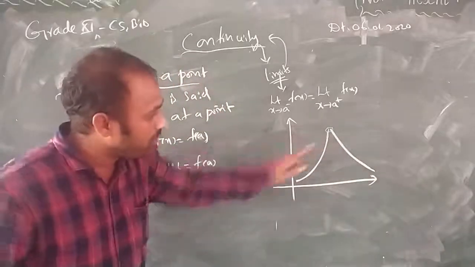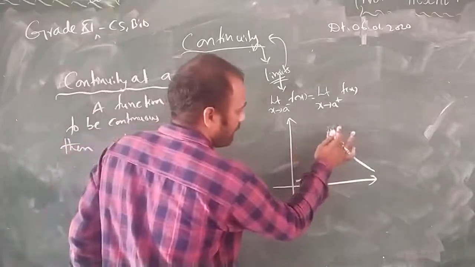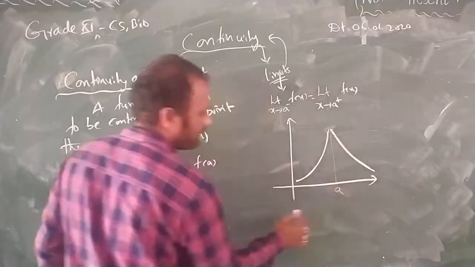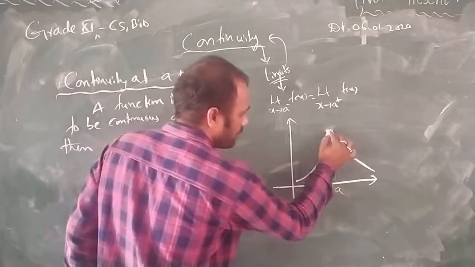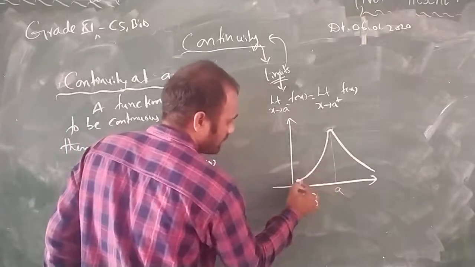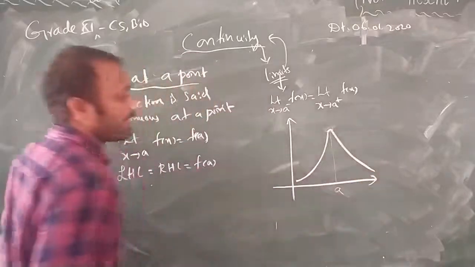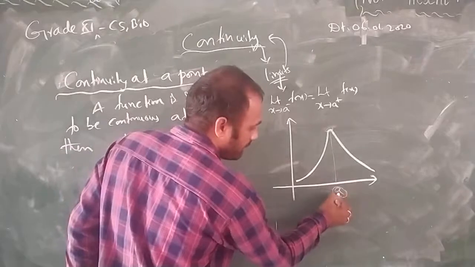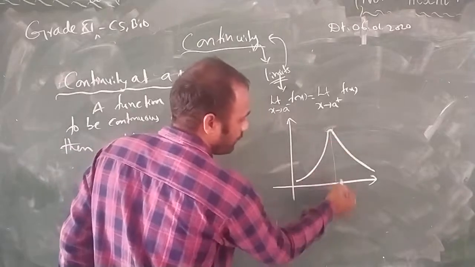To fulfill this break point, if I am considering a point A here and joining this curve, it is now going to become a continuous curve, since the function is going to satisfy the value of a.